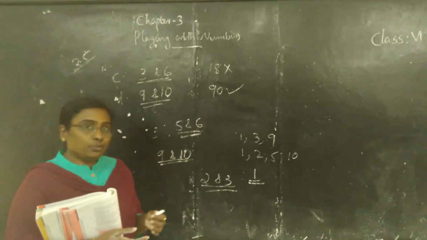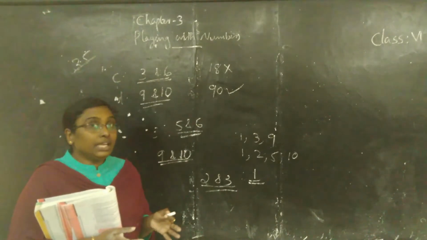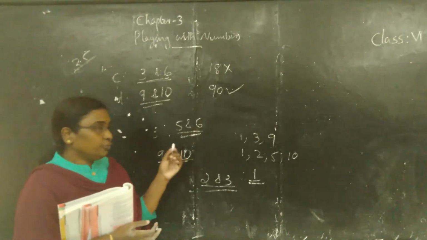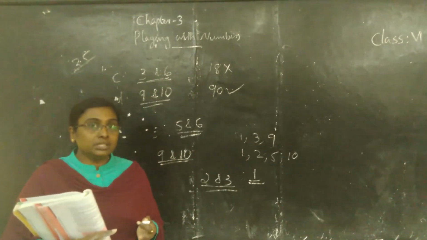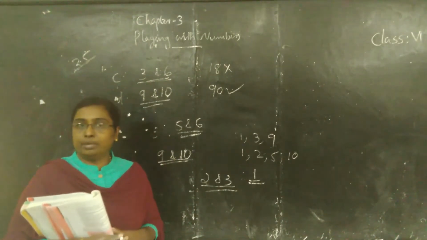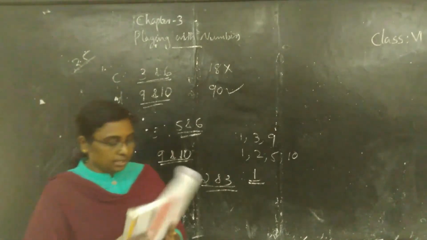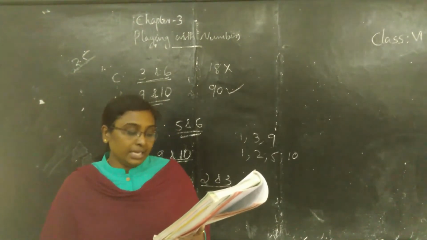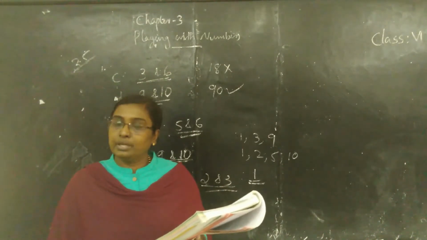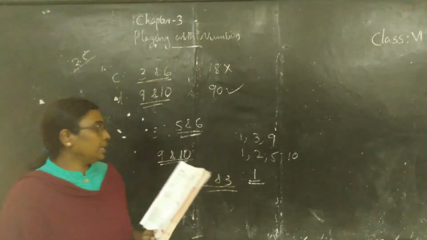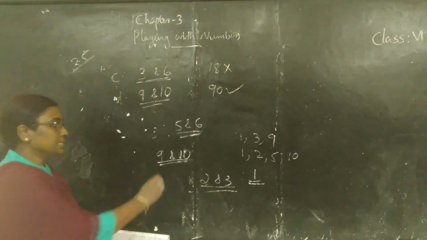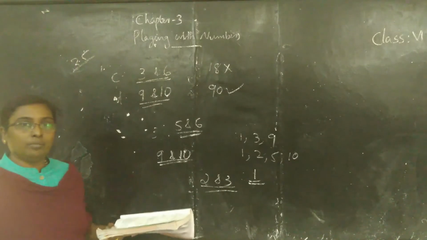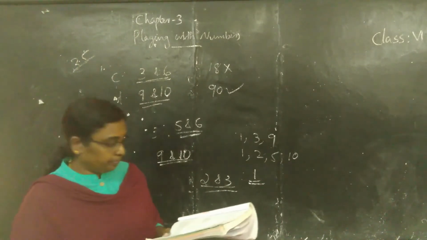So, co-prime numbers need not be prime numbers. The question says that if two numbers are co-prime, at least one of them must be prime. No, it is false. The numbers need not be prime. In this example, 9 and 10 are co-prime numbers, and both are not prime numbers.